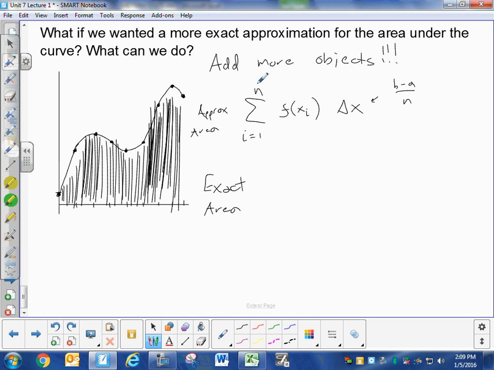The limit, exactly, good job. So the exact area is now this formula, and you should write this down. The limit as n approaches infinity of the sum of all of these function values, which were the heights of rectangles, now times these widths.